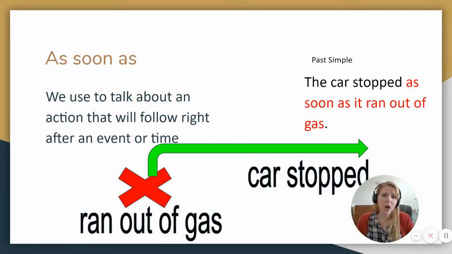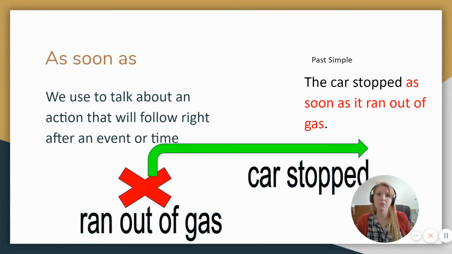The car stopped as soon as it ran out of gas. So the car stopped. Why did the car stop? It ran out of gas. Okay? Car going, out of gas. What happens after that? The car stops. And we see that ED, the simple past here.